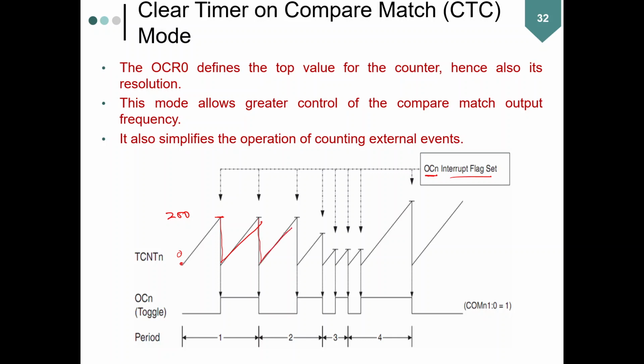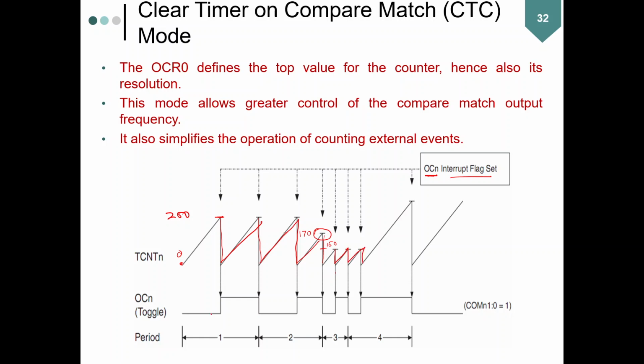And suppose now while your system is operating, you change the output compare register value. So now instead of 200, you want to roll it over at 170. So it is going to roll over at 170. Suppose in the next phase, you want to roll it over at 150. It is going to roll over at 150, and so on and so forth.